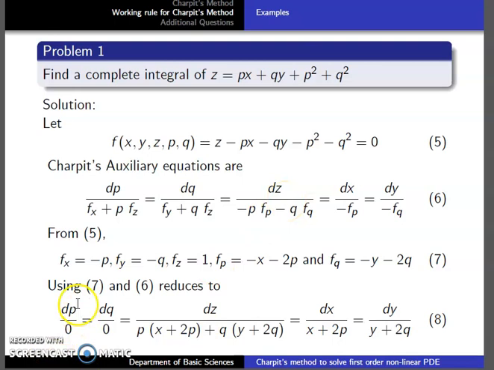We get dp by 0 equal to dq by 0 equal to dz by p into x plus 2p plus q into y plus 2q equal to dx by x plus 2p equal to dy by y plus 2q.